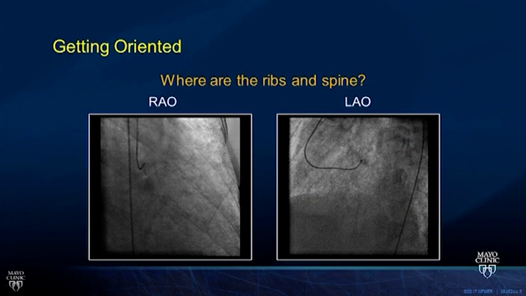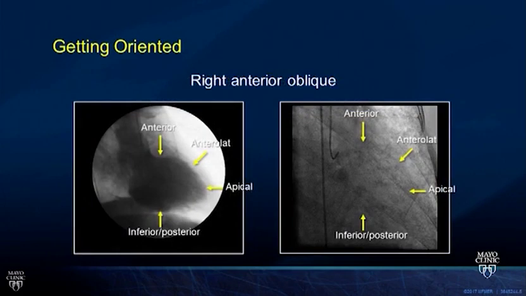And once you know the view, then you already have an idea of what you're expecting to see in that view. So right anterior oblique, this is an LV gram. You can see that in the RAO view, you really are separating posterior on the left from anterior on the right. So the anterior wall of the ventricle is up here, anterolateral, apical, and then the inferior posterior wall down here.